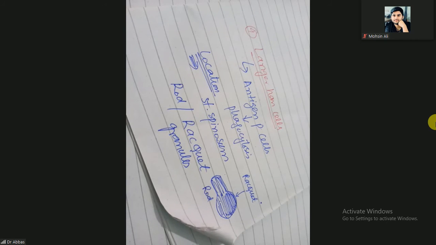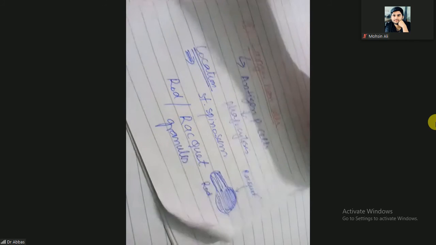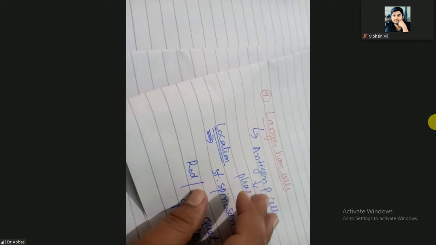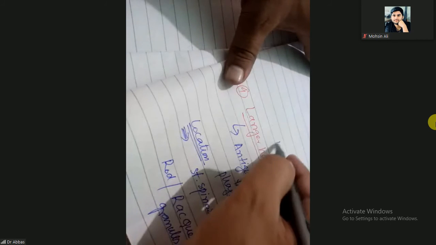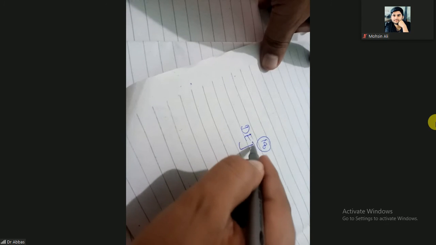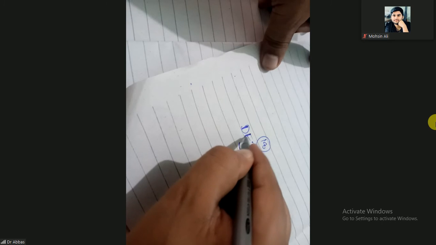Next are the cells of the dermis. So what are the portions of the dermis? Before discussing the dermis, next topic, page 18, is the DEJ.